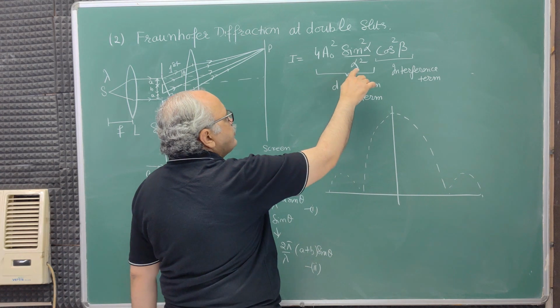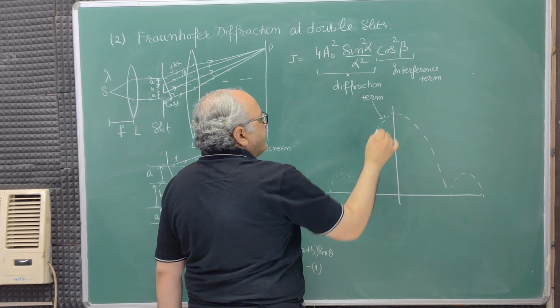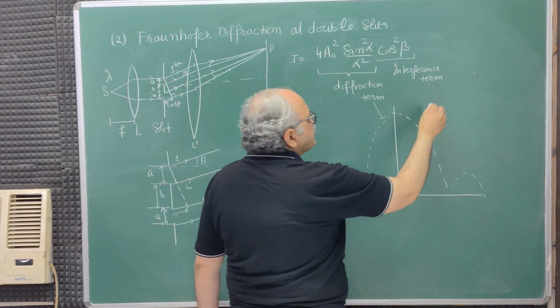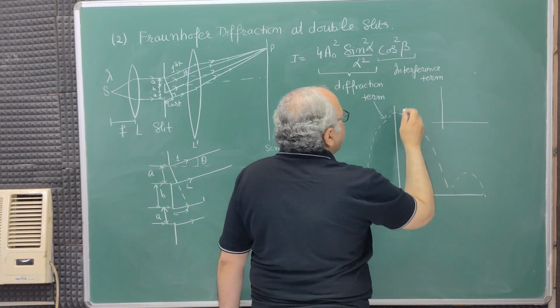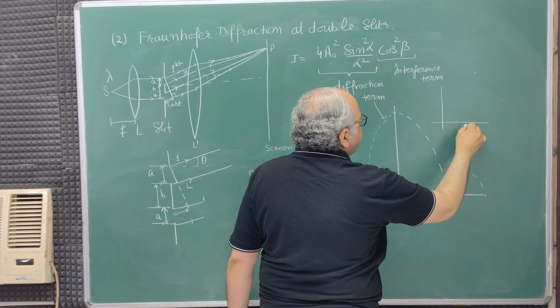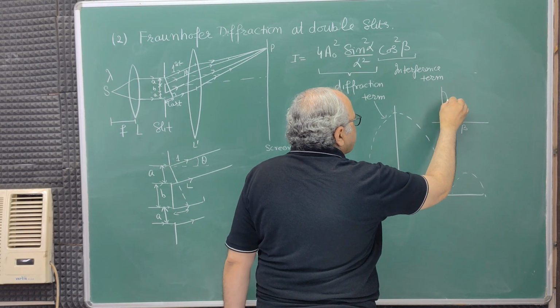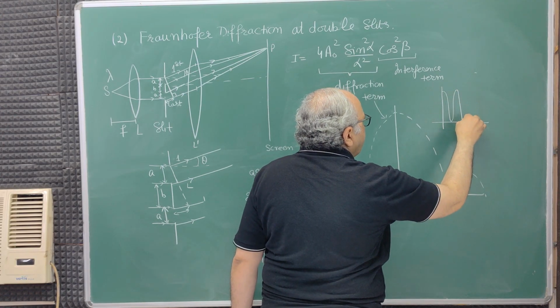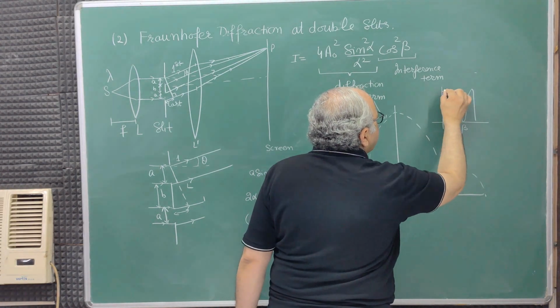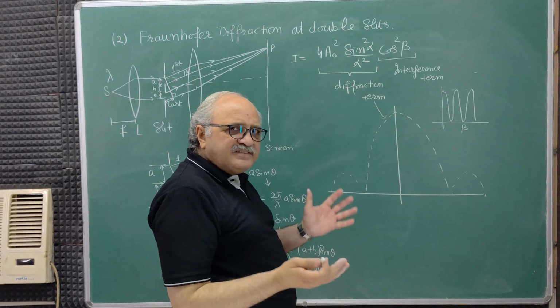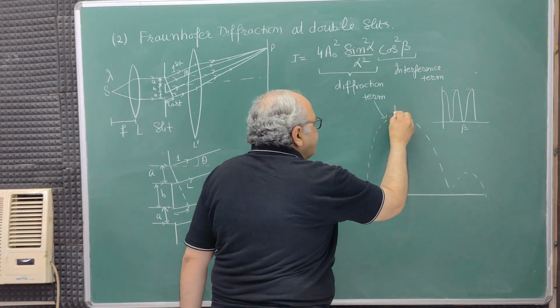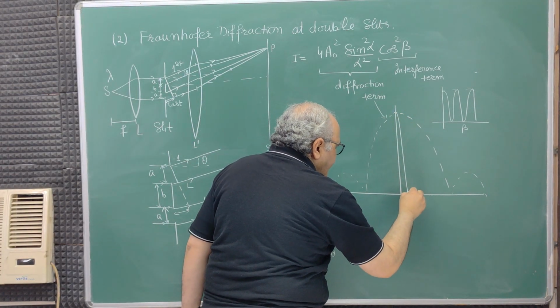So this is the contribution of the diffraction term, superimposed by another term, this is beta, that is the cos square beta term, which is basically the interference term. As a result, we get the intensity variation going this way.